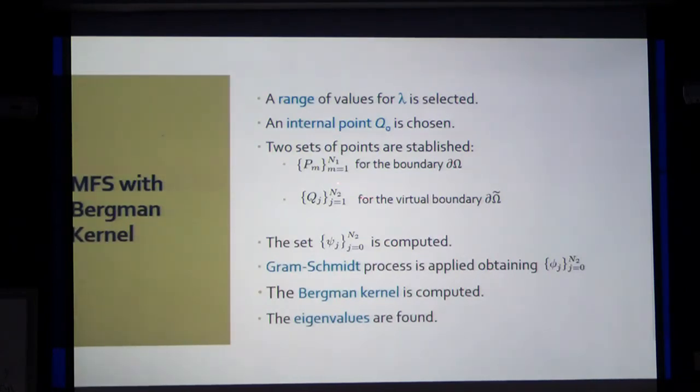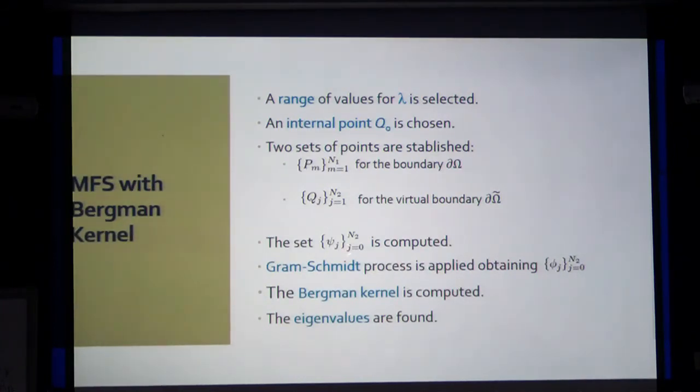Then a set of points is established, P_m in the boundary of omega, and Q_j for the virtual boundary for omega tilde. From these points, the fundamental solutions are computed.